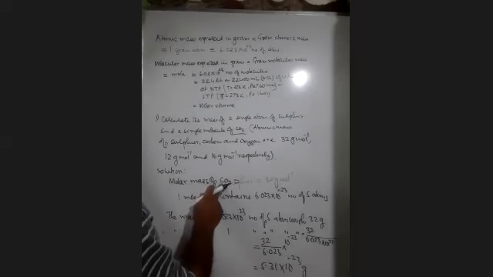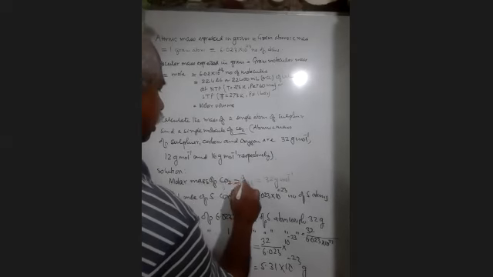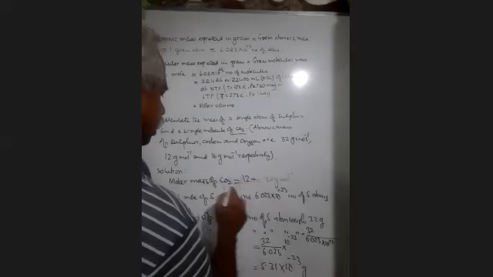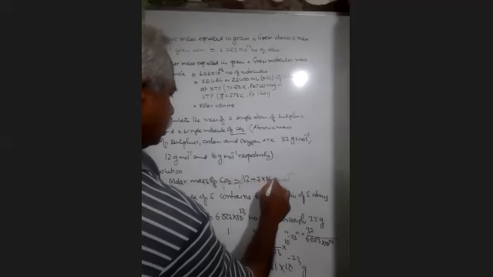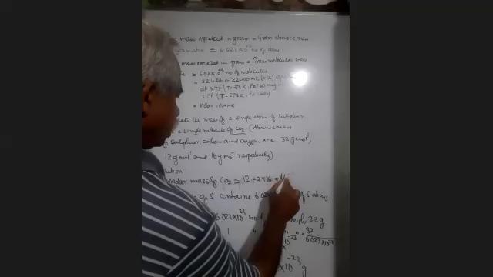See here, it is carbon, only one, so it is 12. 2 oxygen, 2 into 16. It is 44 gram. Mind it, this is molar mass.